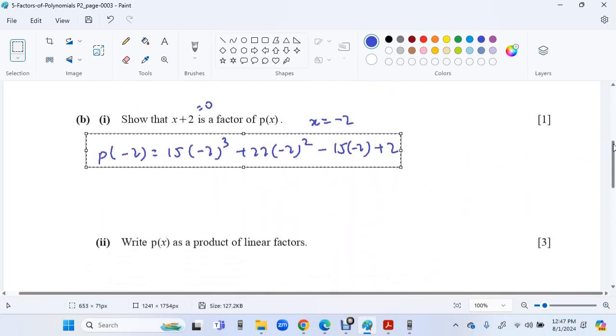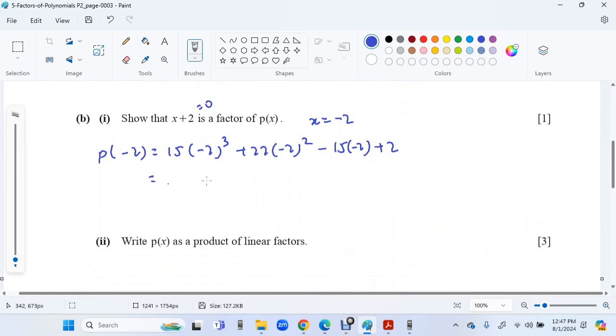So this one is equal to -120 plus 88 plus 30 plus 2. Okay, then this is 0.